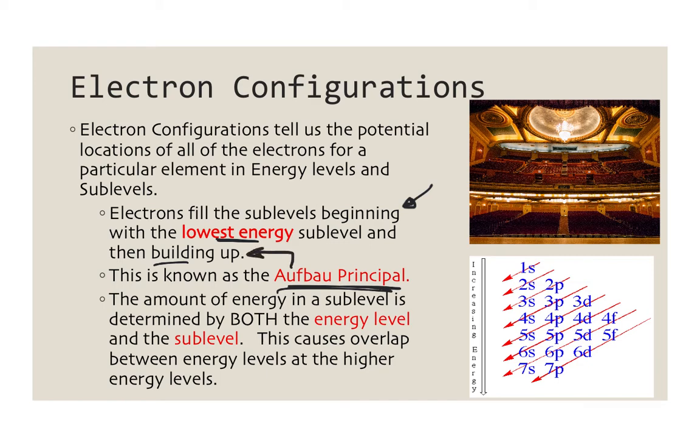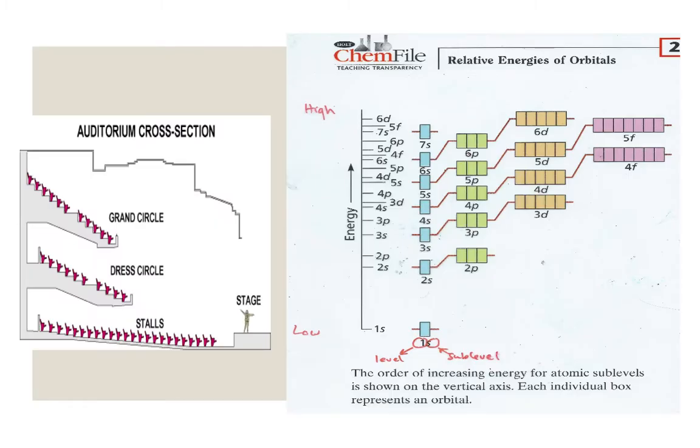The amount of energy in a sublevel, though, is determined by both the energy level and the sublevel. This causes overlap between the energy levels at higher energy levels. Let me show you what I mean. In general, the first energy level has less energy than the second energy level, which has less energy than the third, which has less energy than the fourth.